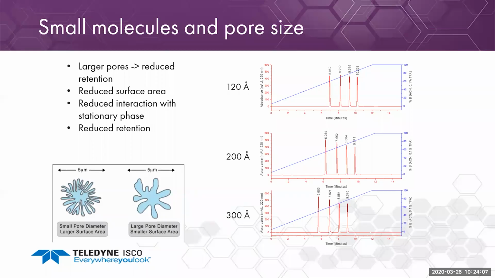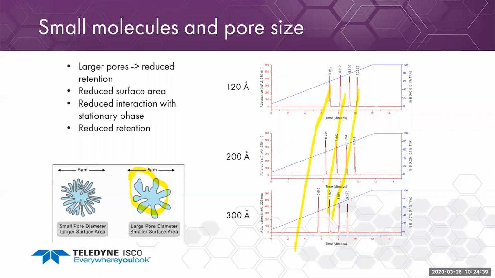So if we run a small molecule over here and we increase the pore size, that tends to reduce the surface area of the particles. And so what happens is that your small molecules show reduced retention as we go from small to large pore sizes. Okay, and that's simply because there's less surface area for them to interact with.